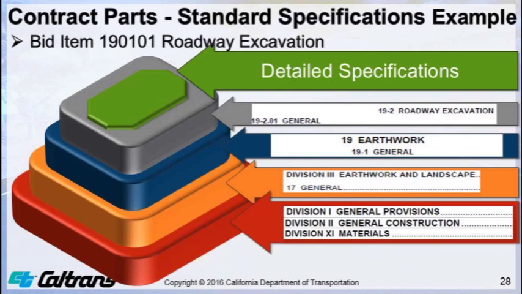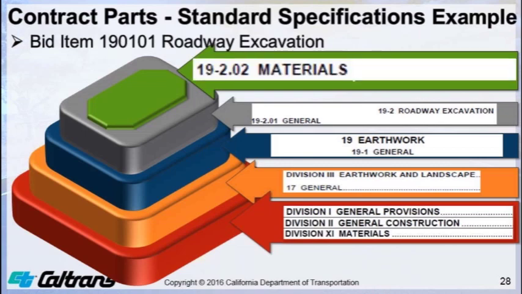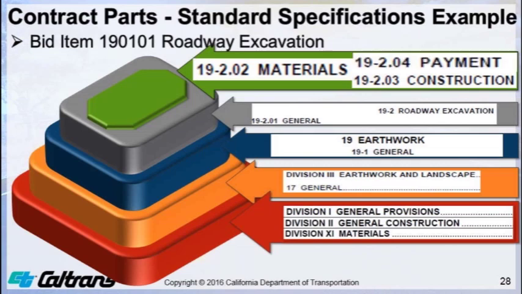For Section 19-2 roadway excavation, the detailed specifications are shown under the following sections: 19-2.02 materials, 19-2.03 construction, and 19-2.04 payment.